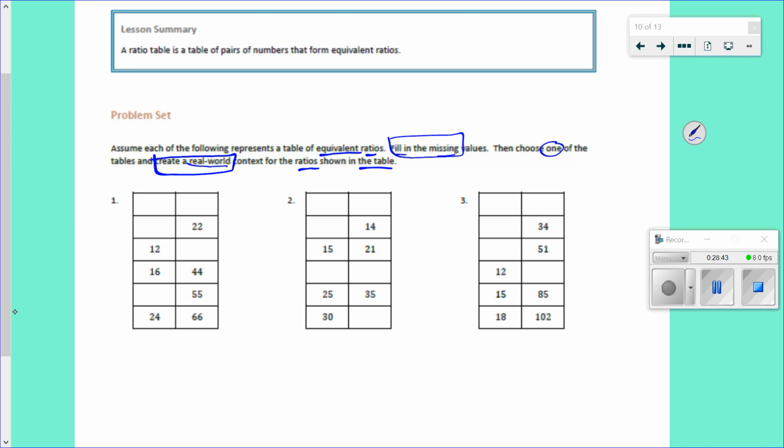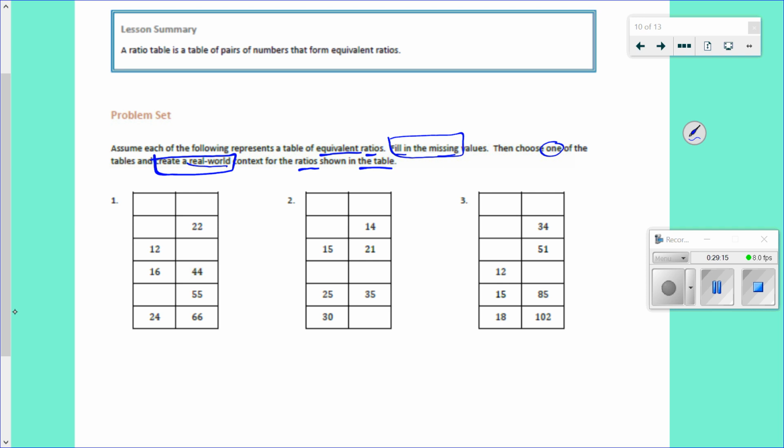What is the second thing that we have to do? Let's say that. What does that mean? You're right. What kind of problem? From the world. So we need to make a story problem.